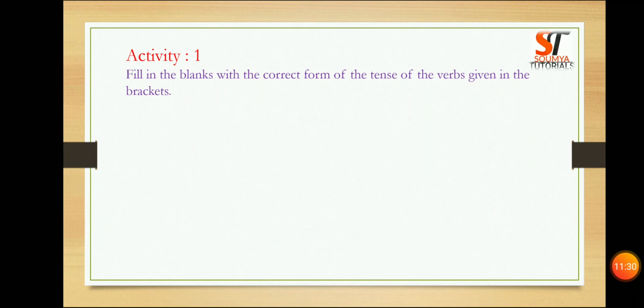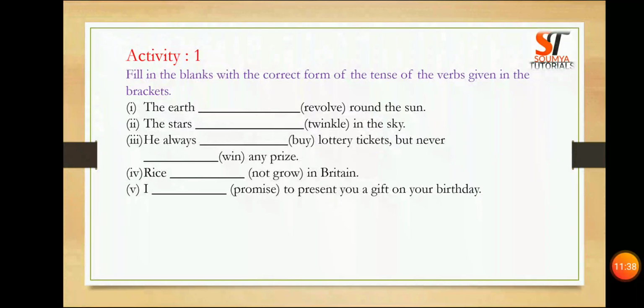Fill in the blanks with the correct form of the tense of the verb given in the brackets. Here are some sentences. Please read the sentence and fill in the blanks using the correct form of the verb. Pause the video and do it yourself. If you face any difficulty, then here are the answers.